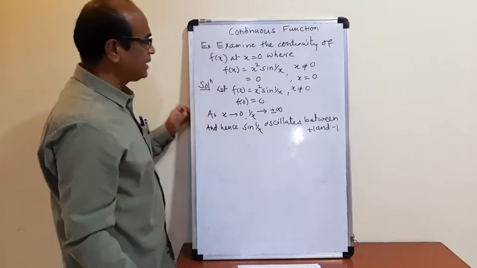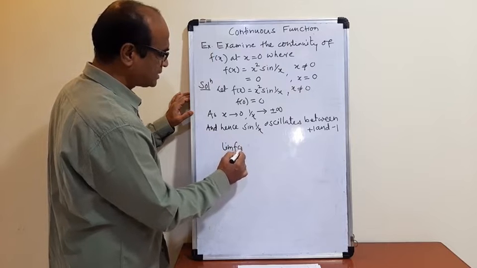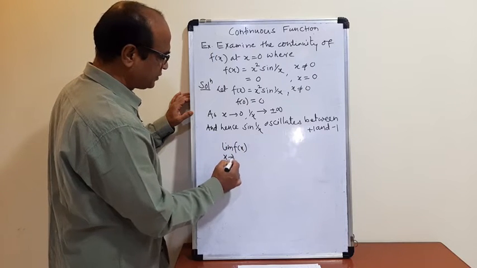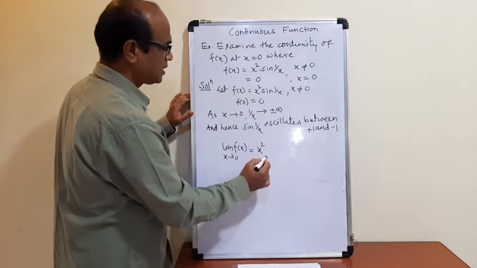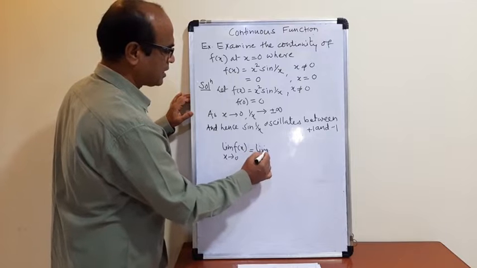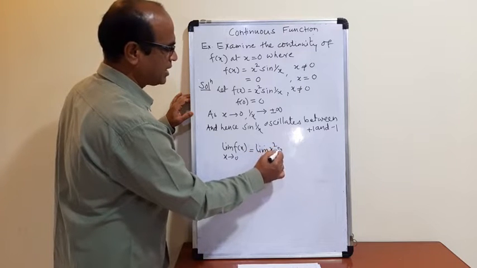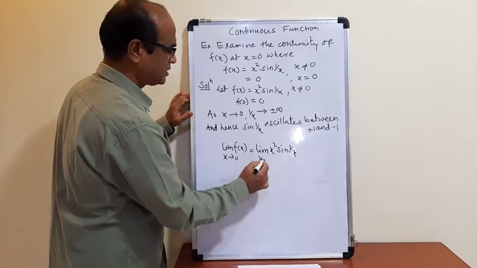But what is the example given here? The limit of f(x) as x tends to 0 is the limit of x square into sine of 1 upon x as x tends to 0.